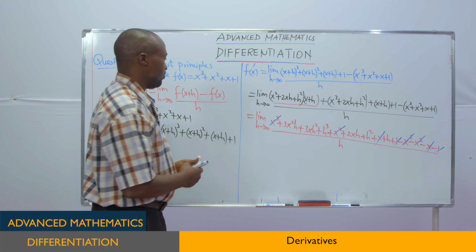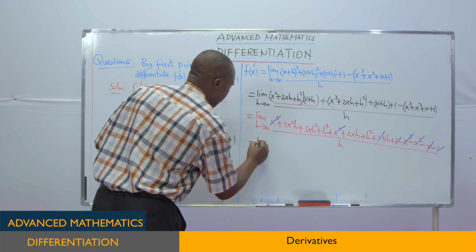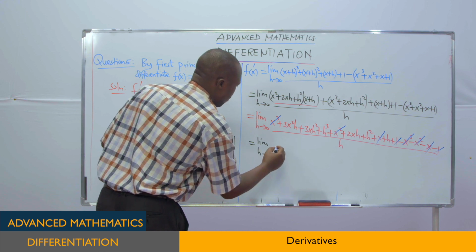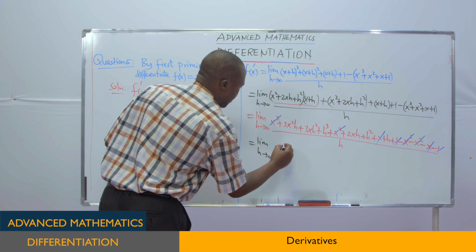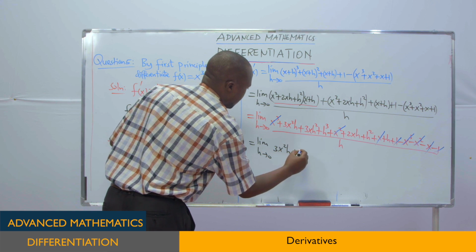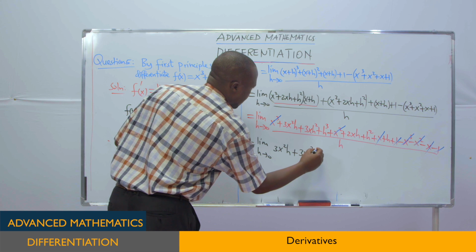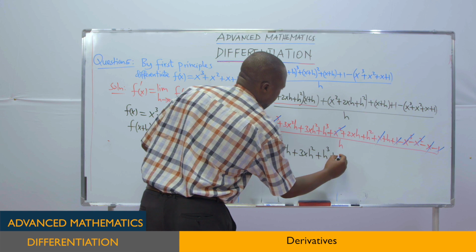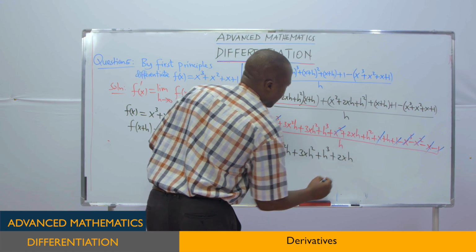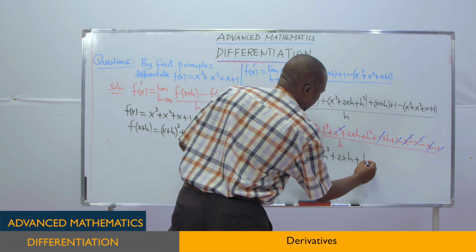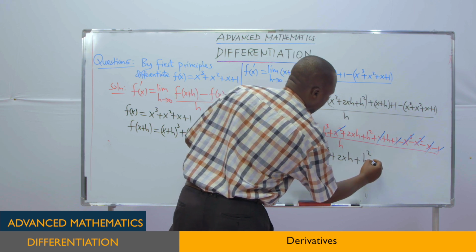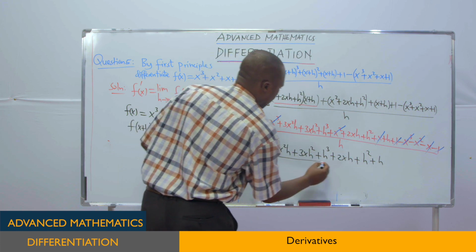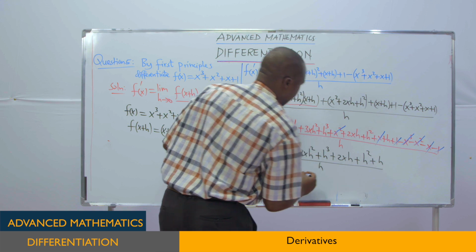So here we remain with the limit as h approaches 0, we have 3x squared h plus 3x h squared plus h cubic plus 2xh plus h squared plus h, then over h.